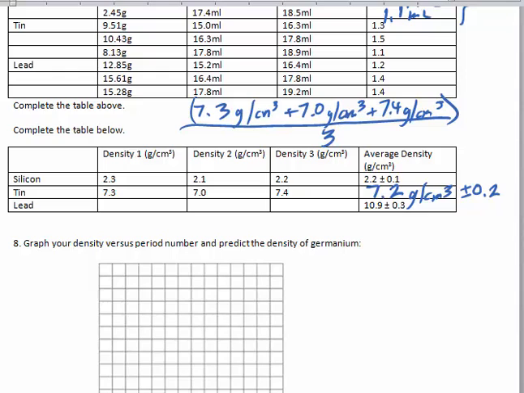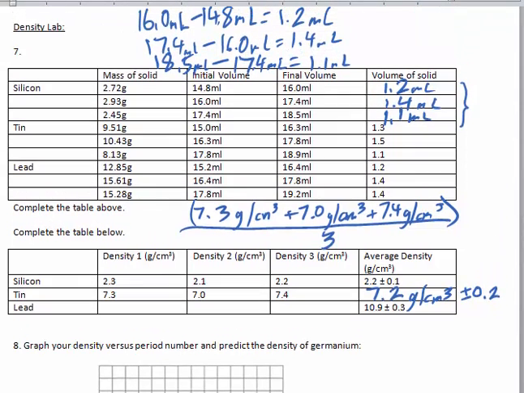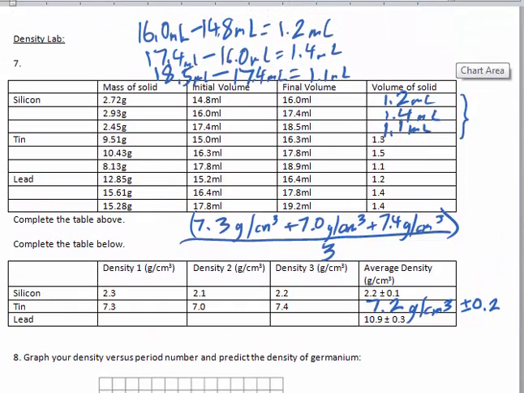So on this last row, you have to determine the densities, and the way you do that is use the table above, use the information from above to answer this question. So you take 1.2, which is the volume of the solid, and you divide it into the mass of the solid. So 12.85 divided by 1.2, 15.61 divided by 1.4, and 15.28 divided by 1.4.